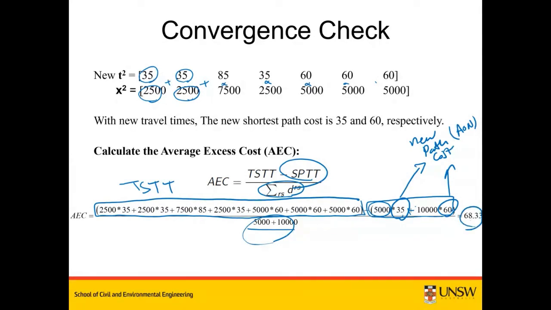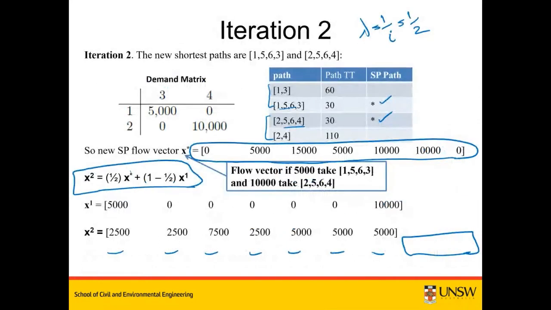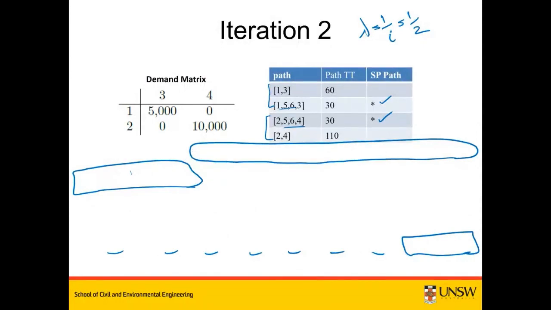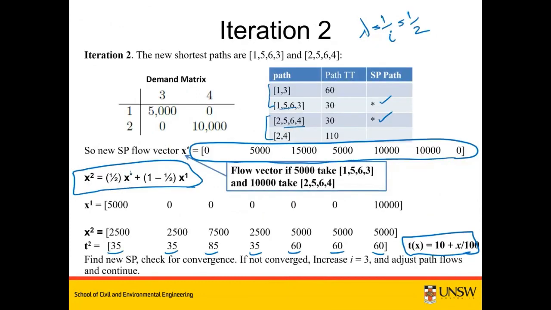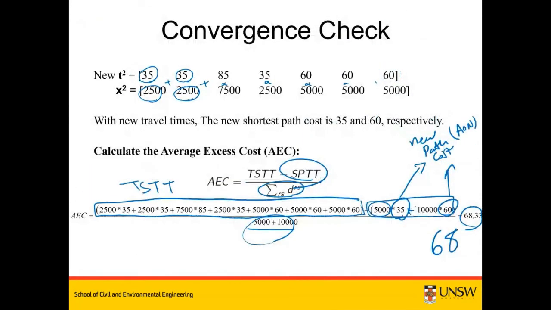Let's compare this 68 with the previous AEC. So we got 68 here, but what was the previous AEC? The previous AEC was 63.3. And now we got 68. We're actually worse, right? So we're still far from equilibrium. And again, why are we worse?